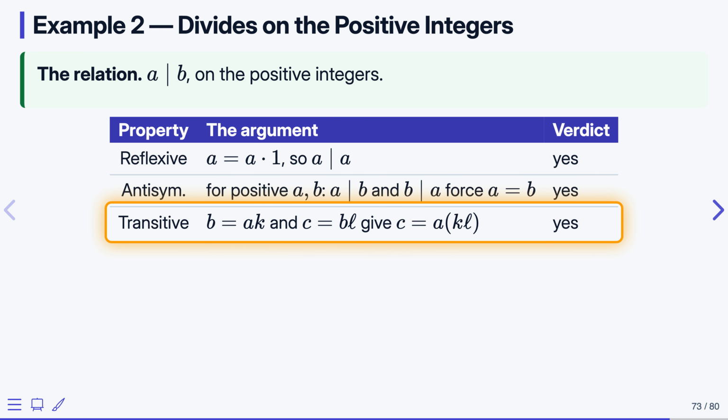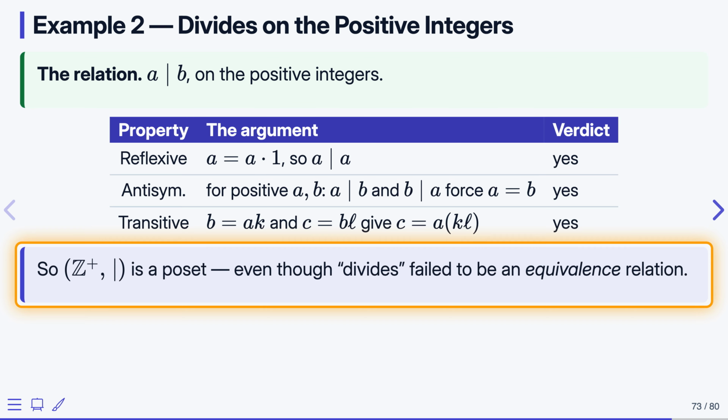Suppose A divides B, so B is A times K, and B divides C. So C is B times L, then C is A times K times L, so A divides C. All three hold. So the positive integers with the divides relation form a poset. Look back a moment. Earlier we saw that divides is not an equivalence relation because it is not symmetric. That very failure is what makes it a good ordering. It is antisymmetric instead.